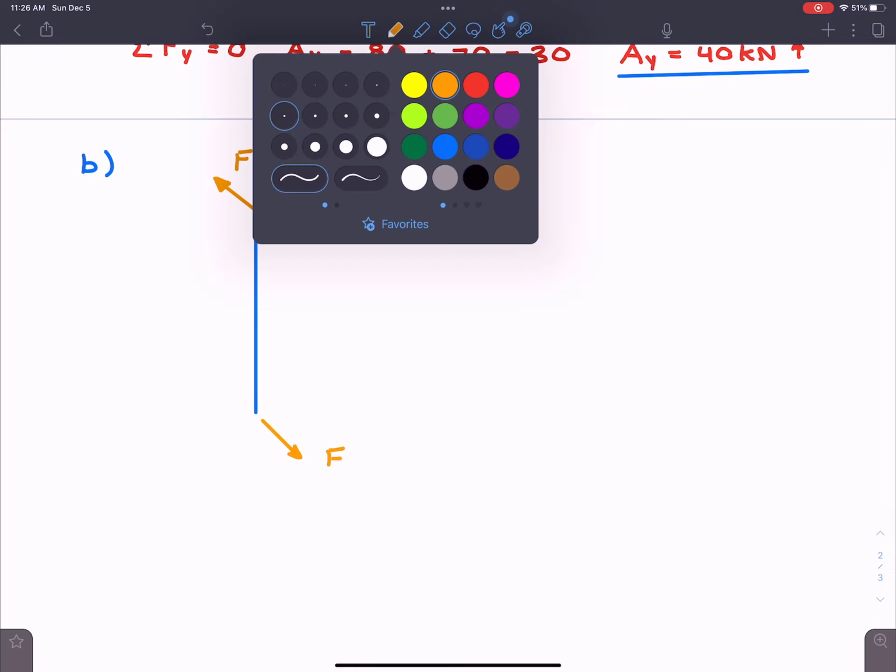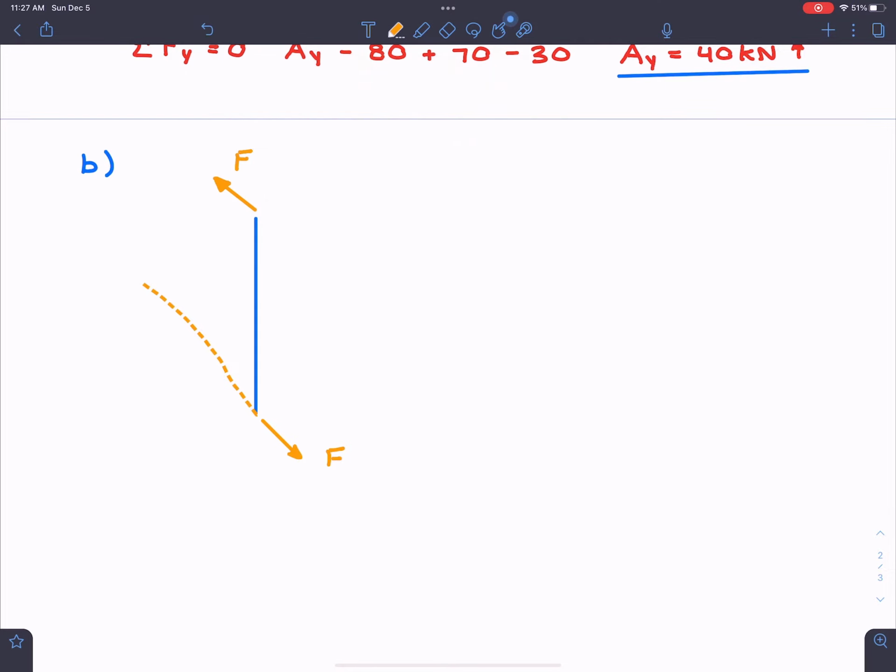As we can see, if I were to draw a dashed line of these forces, their line of action, they act at a distance. And we know that that distance is actually going to create a moment couple. So we can actually tell intuitively that these forces cannot possibly act in this manner.